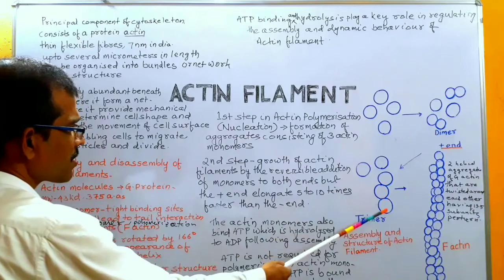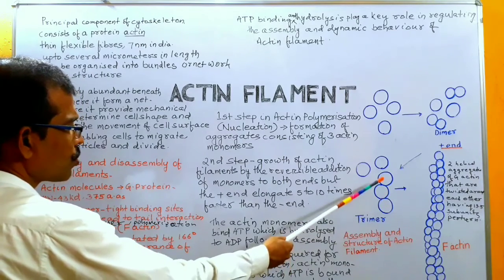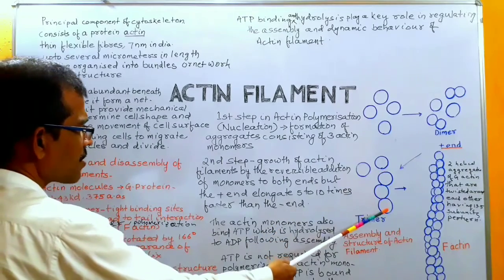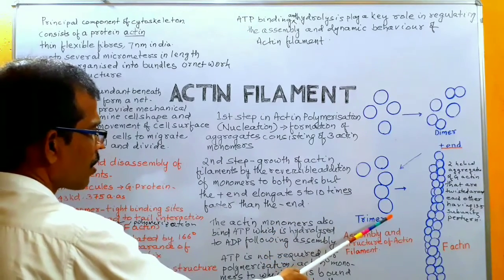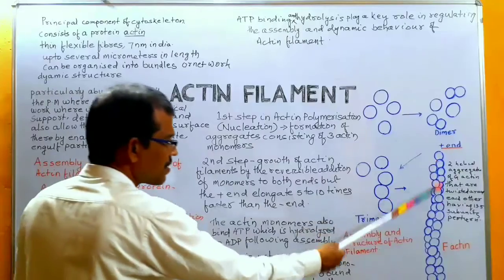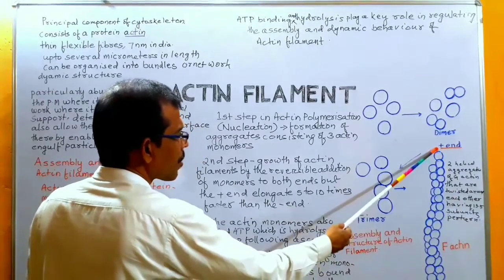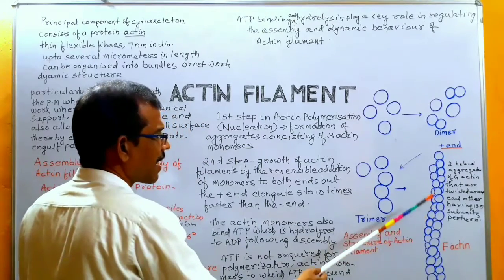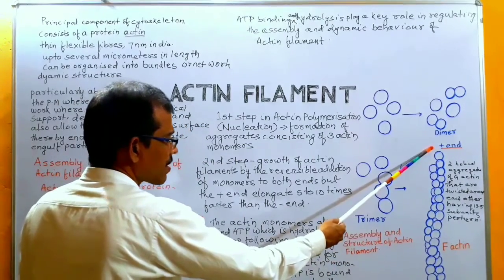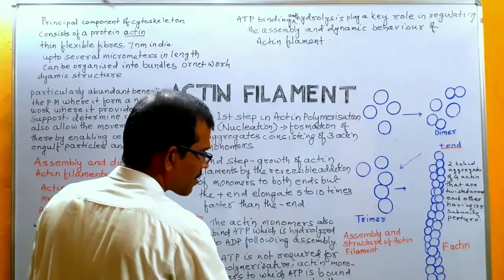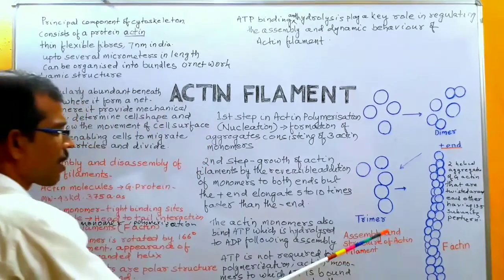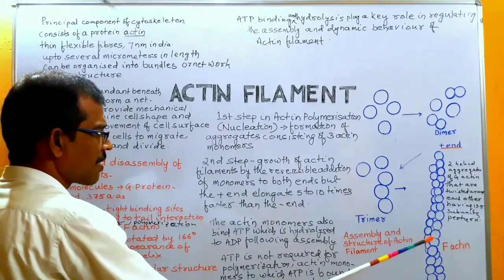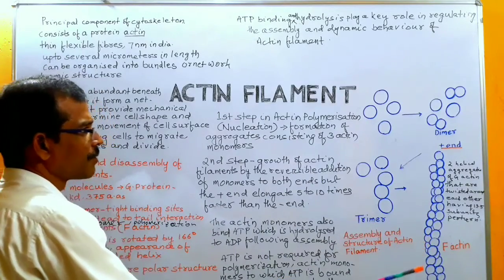Actin monomers are added both to the plus end and to the minus end, but the plus end elongates 5 to 10 times faster than the minus end.